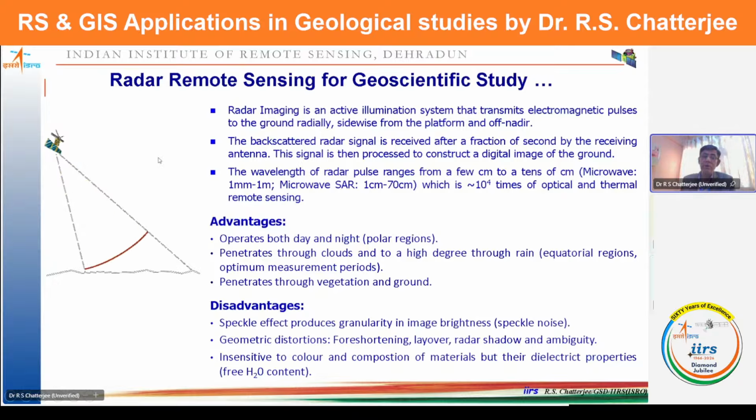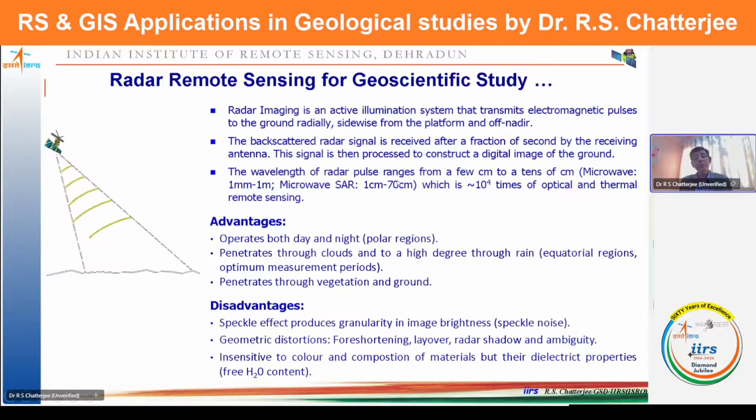But in case of radar, that is the active microwave sensor, particularly synthetic aperture radar, this wavelength is used: 1 centimeter to 70 centimeter. Microwave is 1 millimeter to 1 meter, but in case of synthetic aperture radar, it is in centimeter range. So wavelength is very long, almost 10 to the power 4 times than the optical or thermal remote sensing.